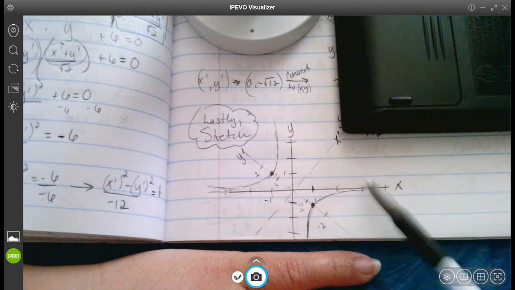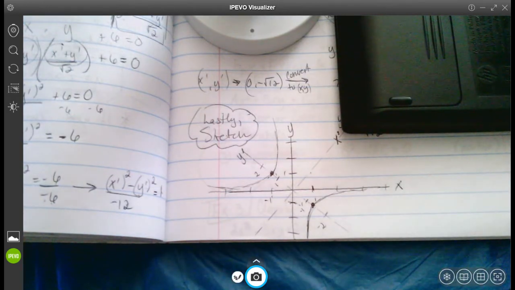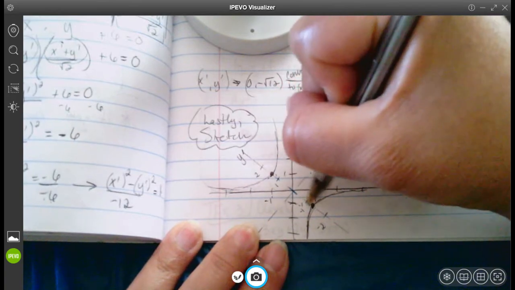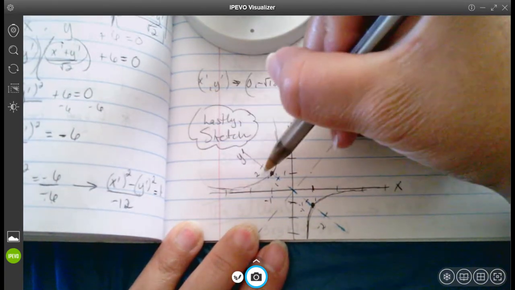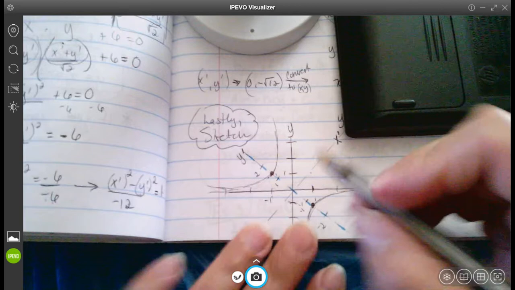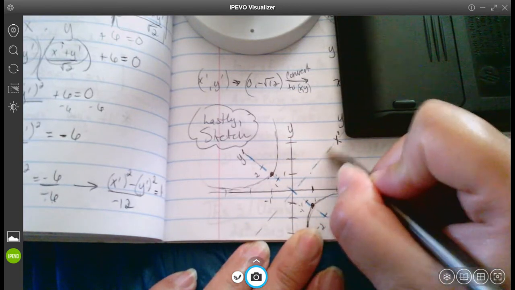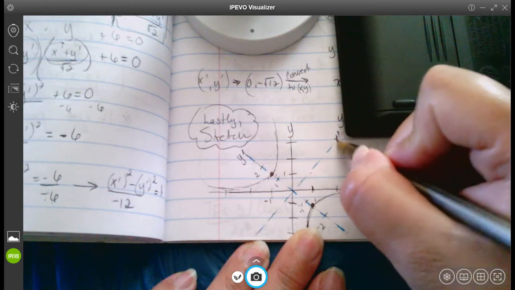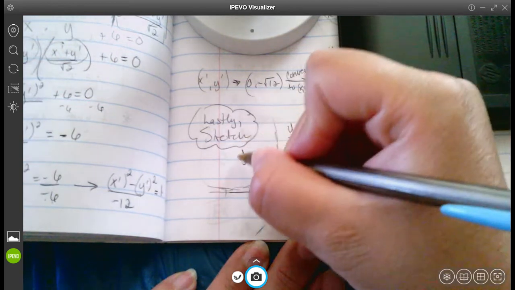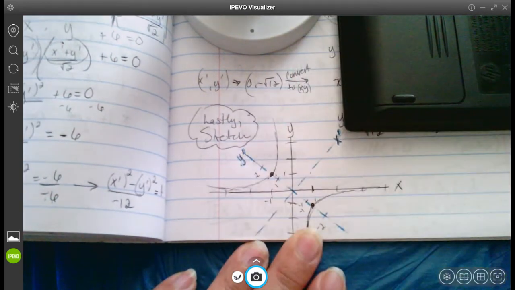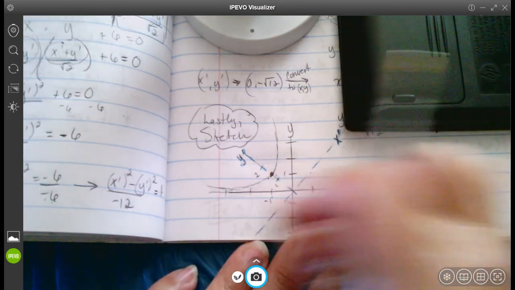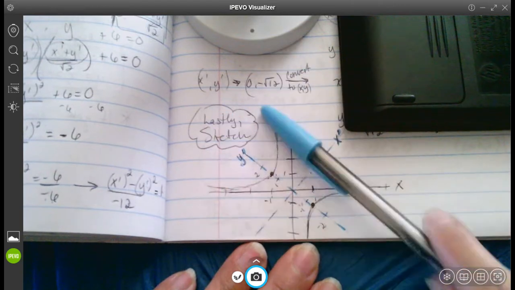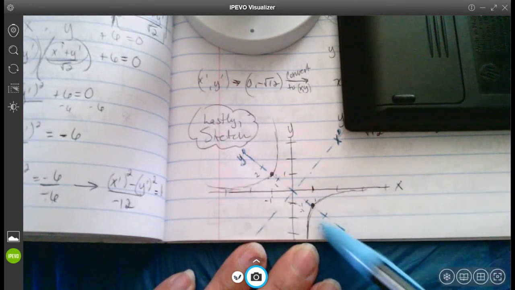This axis right here is what we're talking about as far as rotating the axis, because now we have our hyperbola centered on that. This axis is going to be our x prime, y prime axis. In other words, if I rotate the x and y axis, it lands here, and now my hyperbola is perfectly centered on it.